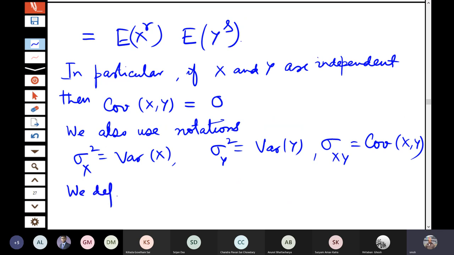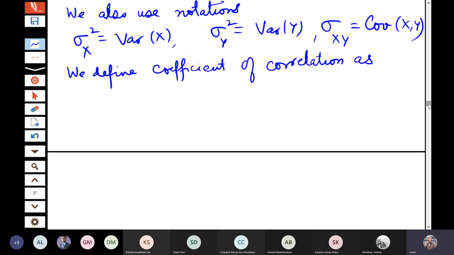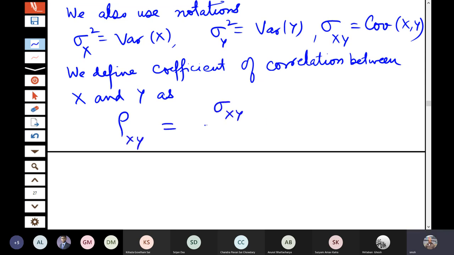We define the coefficient of correlation as the correlation between x and y. I will use the notation rho xy, that is sigma xy divided by sigma x sigma y.